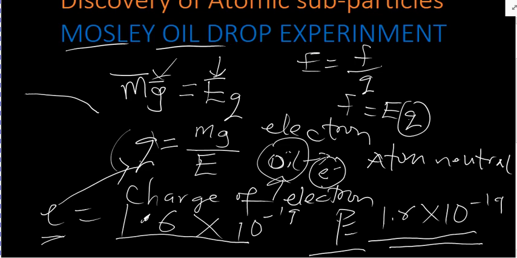So if an atom is neutral, it simply means that the electron, which is negatively charged, must be equal to the proton, which is positively charged. By the time you add the two, it will eventually give you zero. So an atom is neutral because it has equal and opposite amounts of charge of proton and electron. So I hope that is well understood.